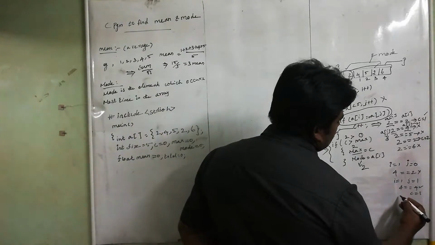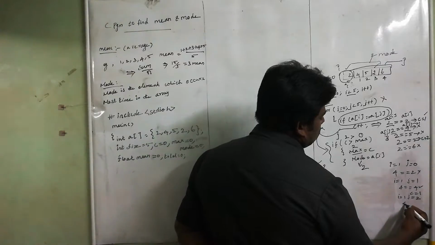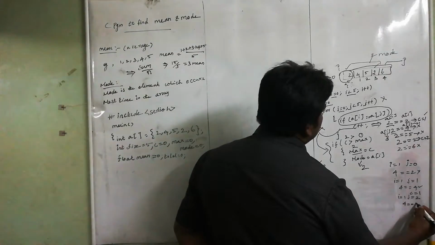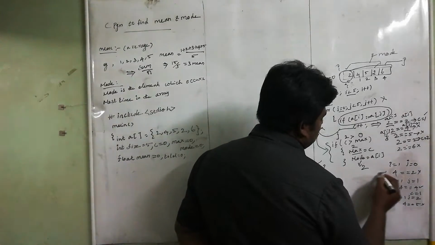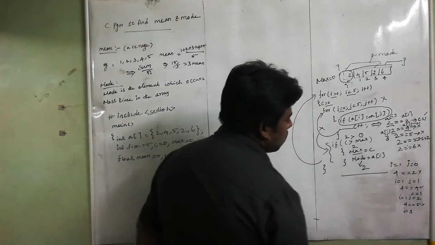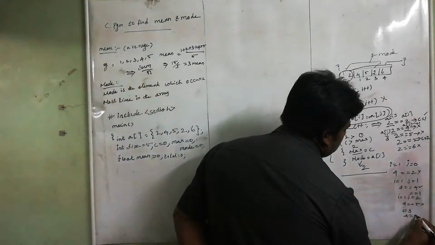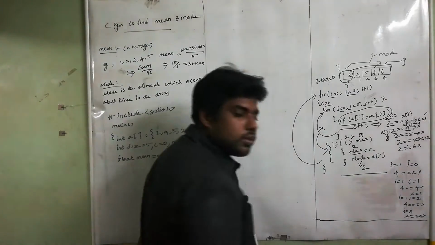Again I equal to 1, j equal to 2. So 4 equal to 5. Condition false. Now j value equal to 3. So 4 equal to 2. Condition false.